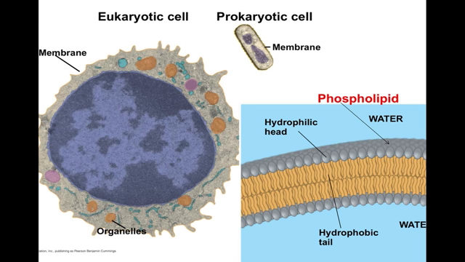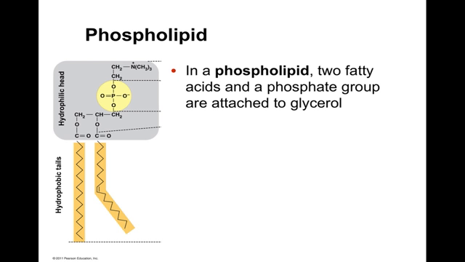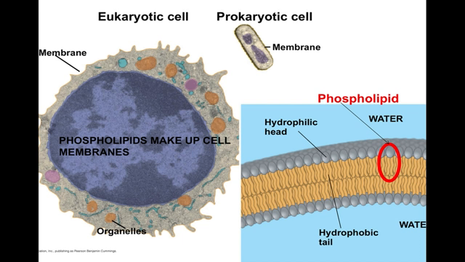Coming to the next subcategory of lipids, which are phospholipids. Phospholipids are the lipids which make cell membrane, organelle membrane, bacterial cell membrane, anything in a living organism that is called a membrane. The major component of the membrane is phospholipid.